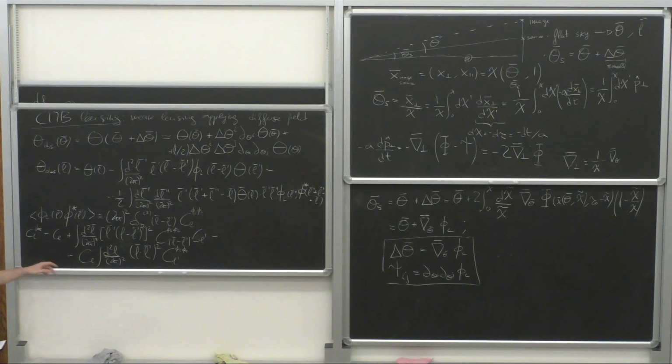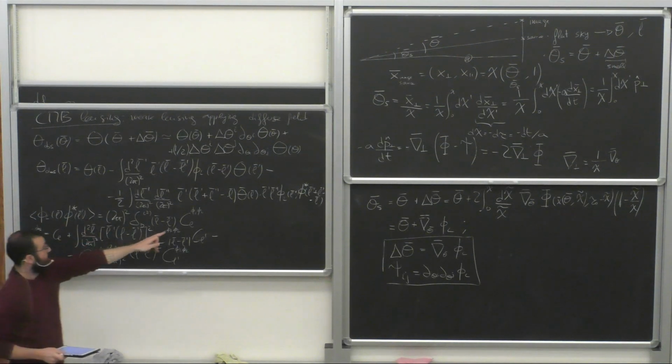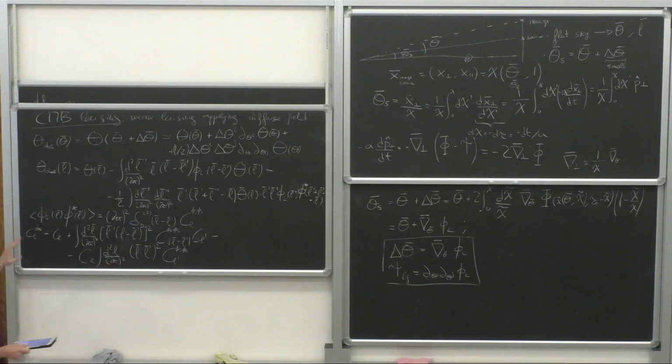So this is to first order in the lensing power spectrum how we observe the power spectrum of the CMB.